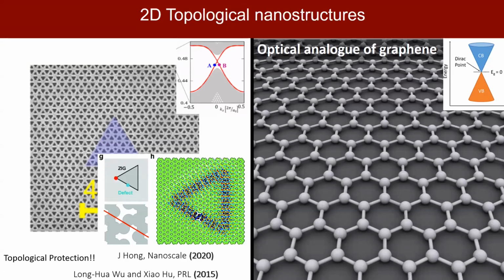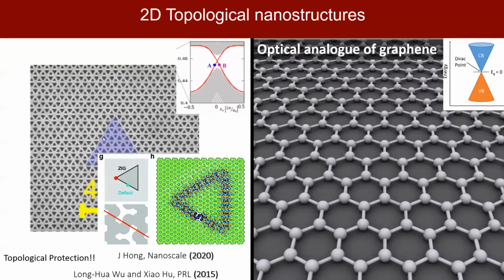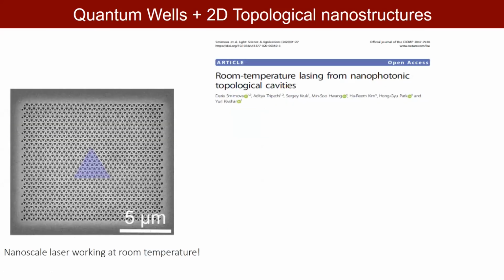Now, we wanted to use this for lasing, and for this purpose, we created this lattice with quantum wells, which served the purpose of gain media. So we combined the concept of quantum wells with topological nanostructures to again make the device active. And what we observed was lasing.